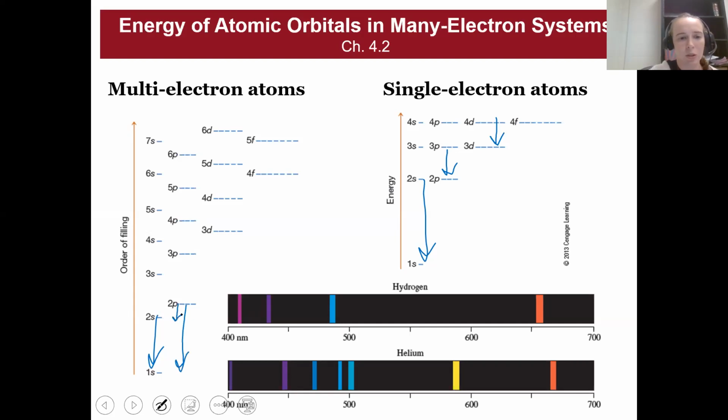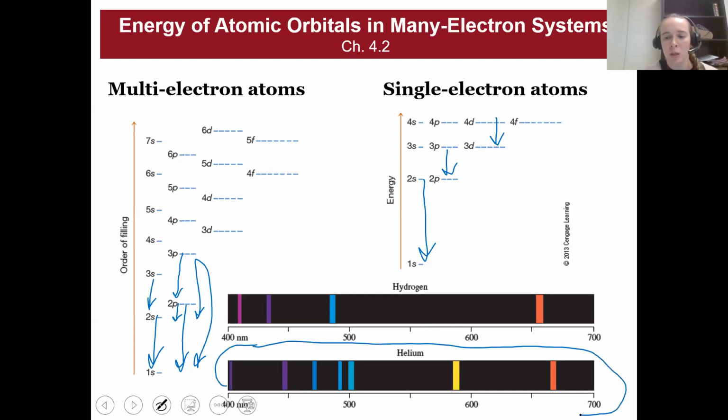We can go from 2p to 2s. We've got 3s to 2s, 3p to 2p, or 3p to 2s, or 3p all the way down to 1s. We've got lots more options, so we end up with more lines in our spectrum because these energy transitions, once again, correspond to the photon that is emitted when that transition occurs. We have more types of photons that can be emitted.